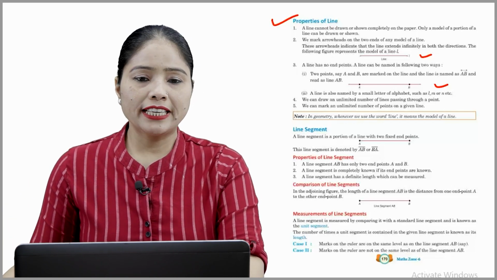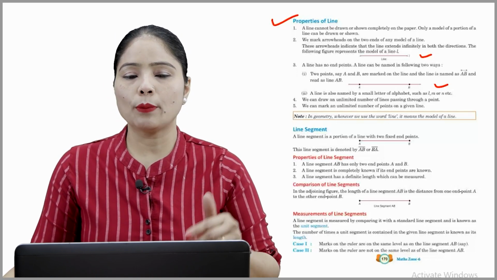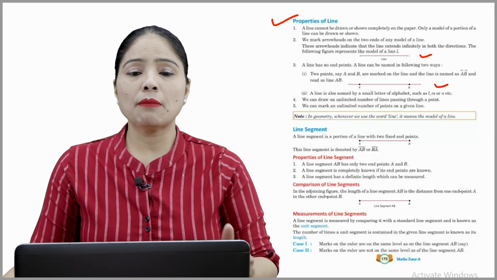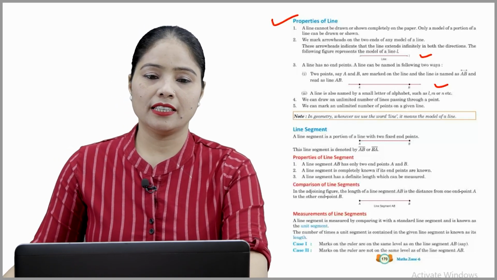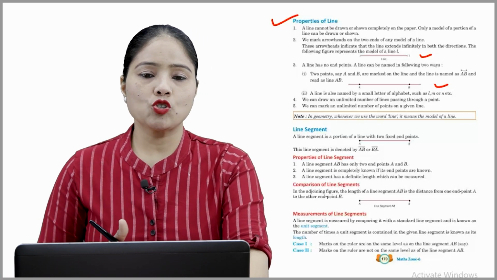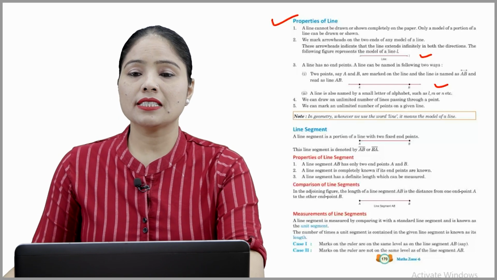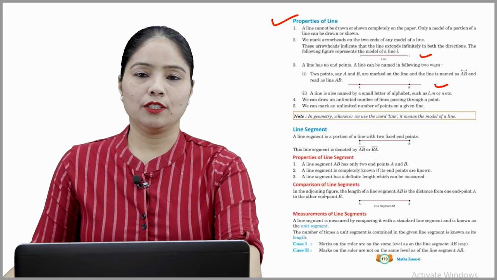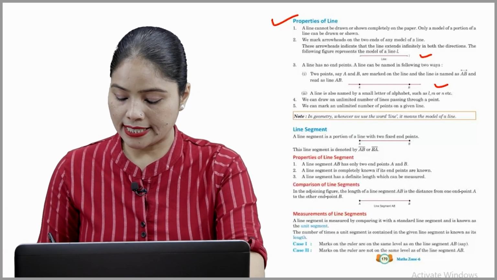Fourth point, we can draw an unlimited number of lines passing through a point. Fifth, we can mark an unlimited number of points on a given line. Now note, in geometry, whenever we use the word line, it means the model of a line. Okay, beta? I hope you understood the properties of lines very nicely.